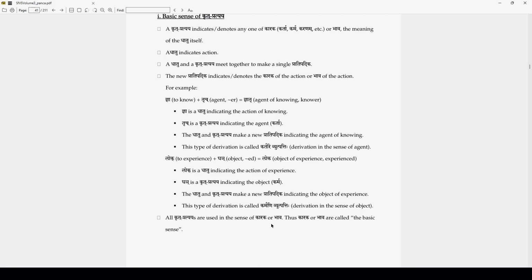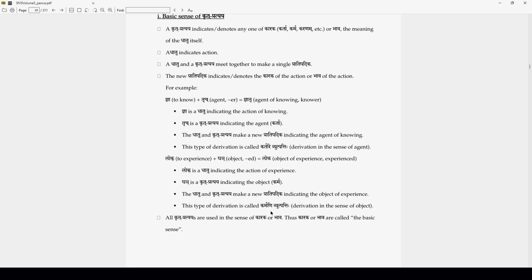Gam dhatu is there. We add some krit pratyaya, so that changes to gamana. To gamana we add a supratyaya to form the rupas. Gamanam, mostly used in the Napunsakalingam. Gamanam you can use in all the vibhakti vachanas, but generally other vachanas are rare, right?